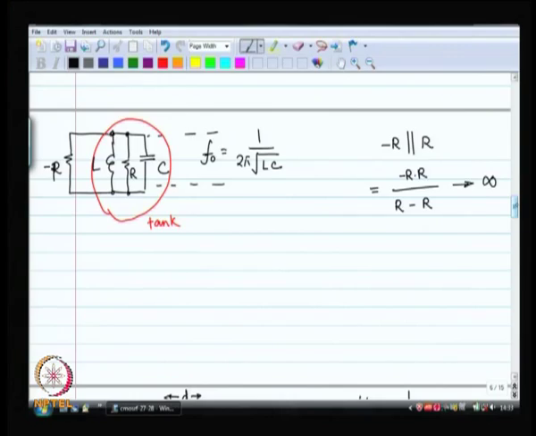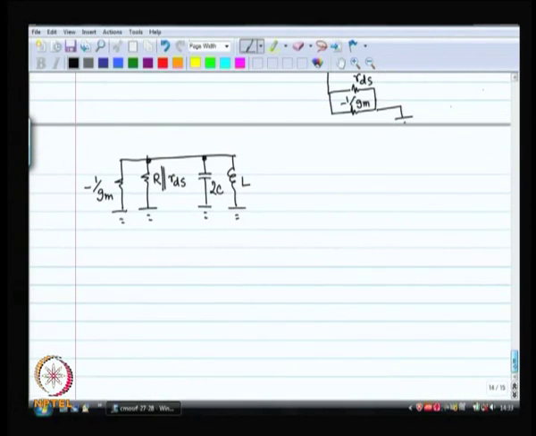It is almost like there is an infinite resistor in shunt, which is nothing in shunt, and you are left with a pure inductor in shunt with a pure capacitor.